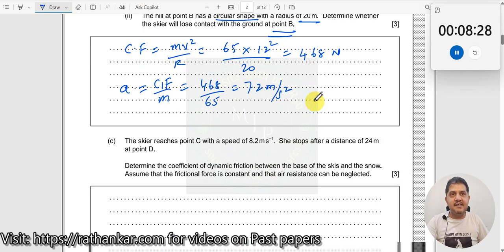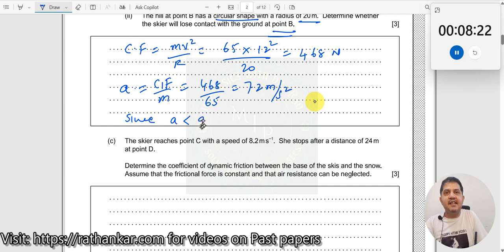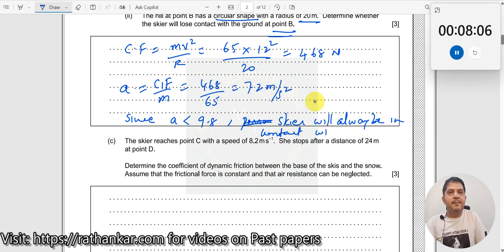So as a result, since a is less than 9.8, what is 9.8? Acceleration due to gravity. The skyer will always be in contact with the mound at the curved part of the surface. So he will not lose contact.